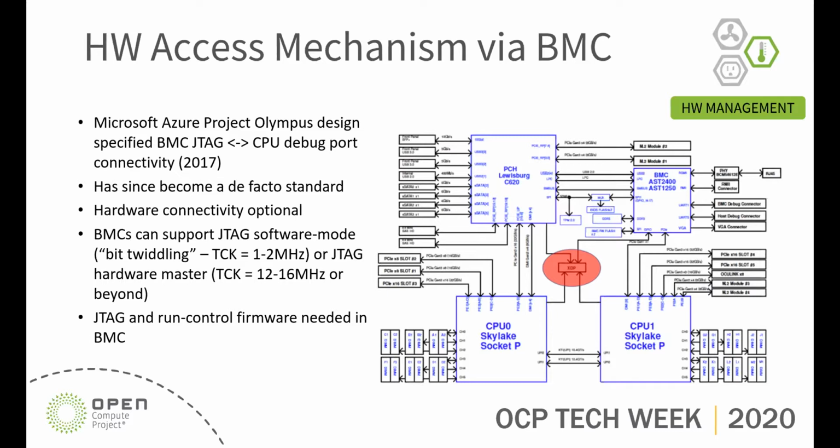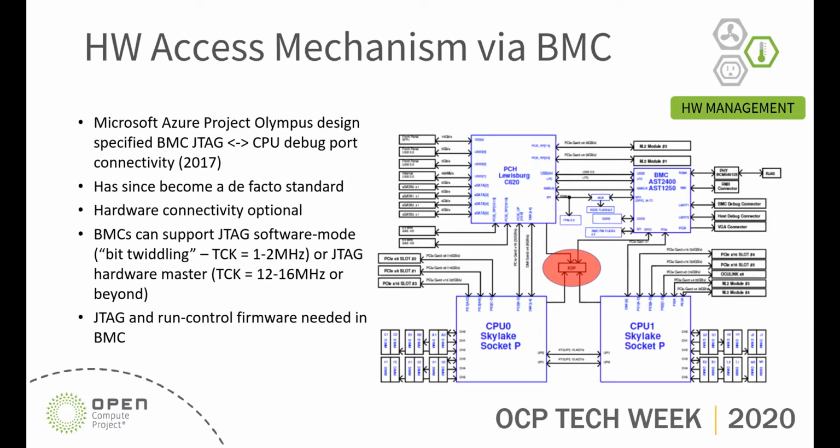Various flavors of BMCs support the JTAG interface differently. Some support it in a software mode whereby you're just bit twiddling the interface, the scan chain, and you'll get a sustained TCK, or test clock, frequency of 1 to 2 megahertz in that scenario.